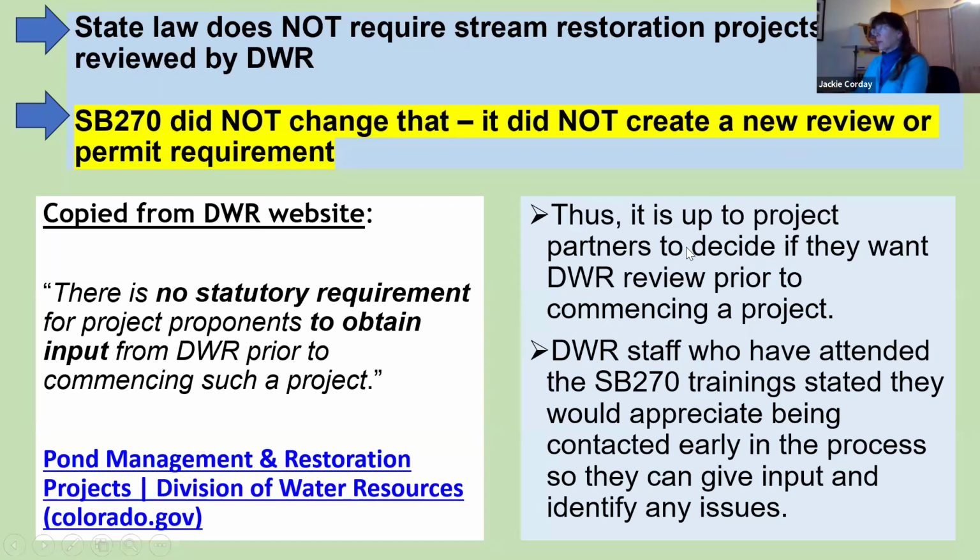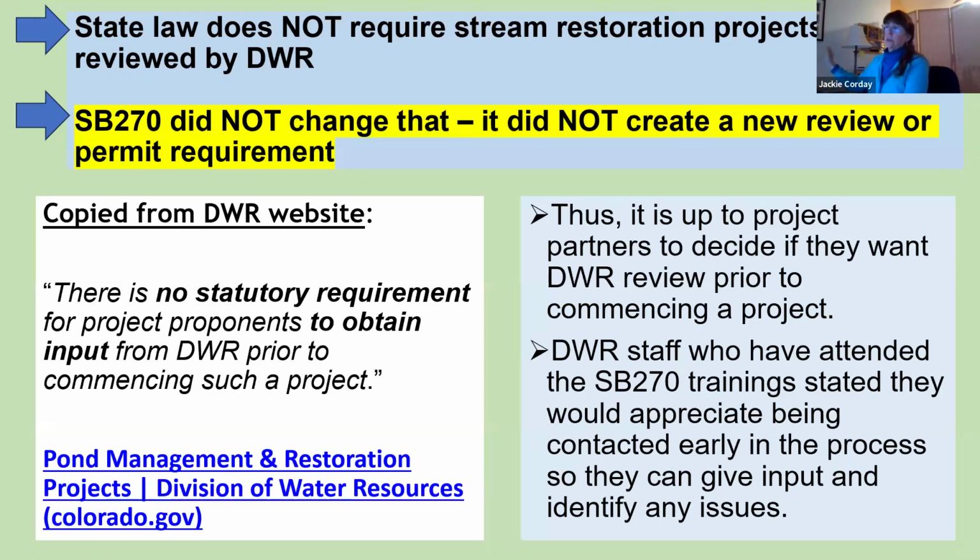Thus, it is up to project partners to decide if they want DWR to review their project prior to commencing. We have had DWR staff come to the SB 270 trainings, and they have stated that they would appreciate being contacted early in the process so they can give input and identify any issues that you may not understand or realize, because water commissioners especially really know their district and what's happening up and down the stream.